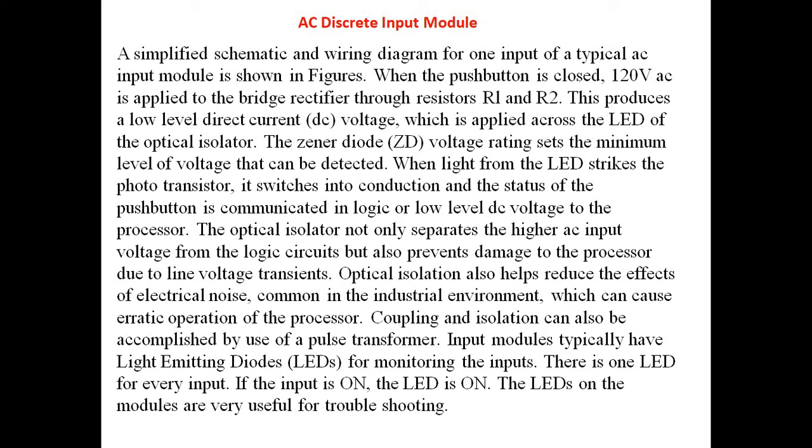As I already told, the Zener diode is a constant voltage regulator, giving constant output voltage. Here the minimum voltage is 6 volt, because in our circuit we use a 1.5 volt LED, so we need only 1.5 volt. That's why we are using a 6 volt Zener diode output voltage.